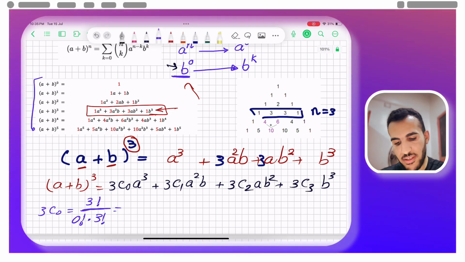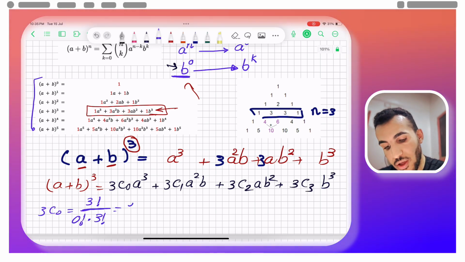Let's write this in your calculator. You're going to find this equals 1. This is why the first term will be a power 3, which is 1.